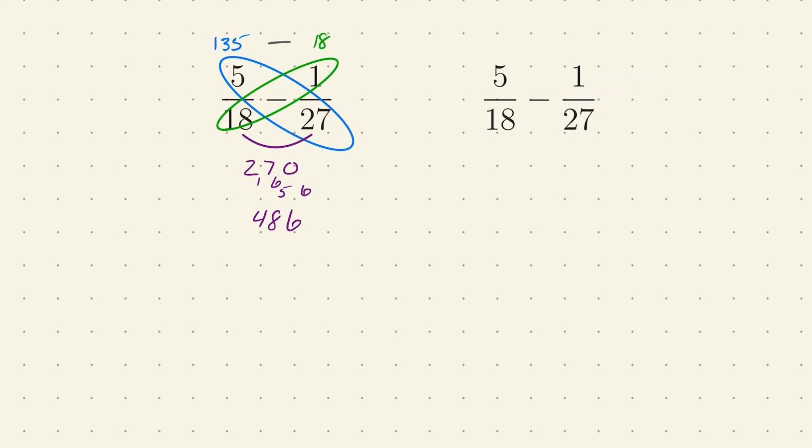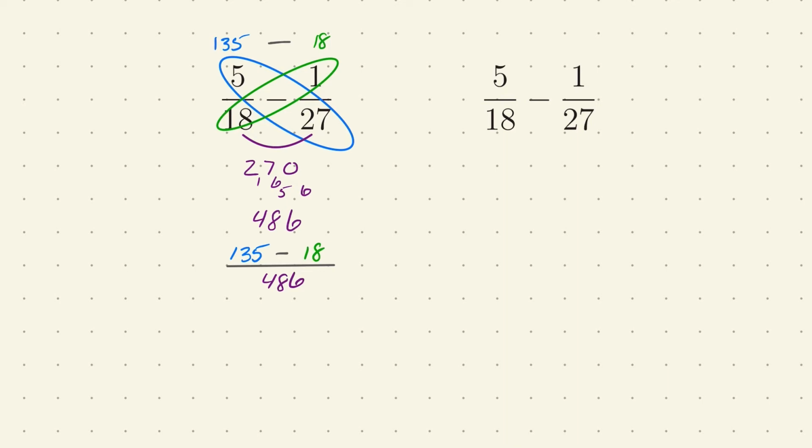So continuing on here, let's write out what we have remaining. So we have 135 minus 18 divided by 486.